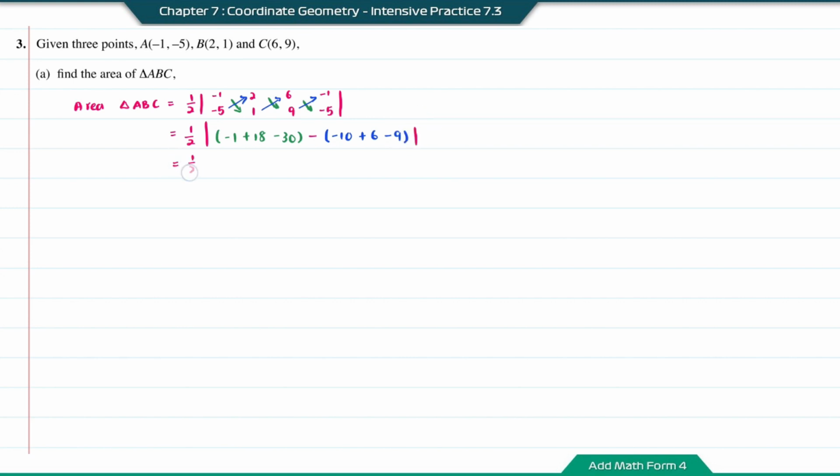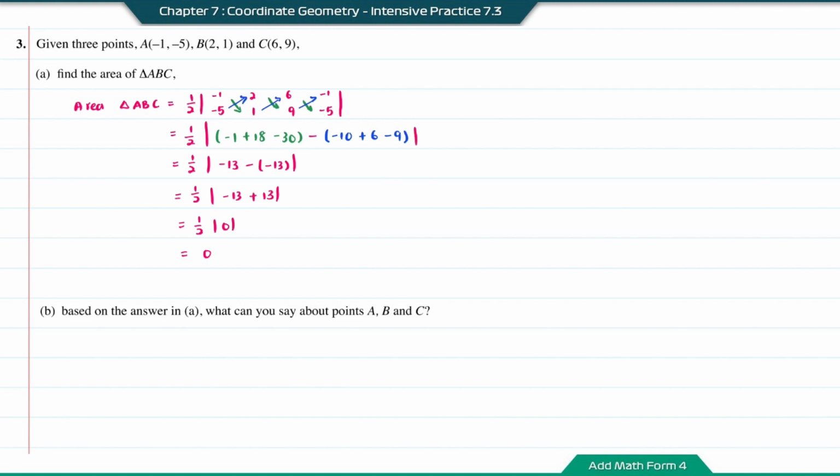So this is equal to 1 over 2 times the sum in the first bracket, which is -13, then minus the sum in the second bracket, which is -13 as well. So this is equal to 1 over 2 times (-13 plus 13). So 1 over 2 times 0. So the area here is 0 unit square.